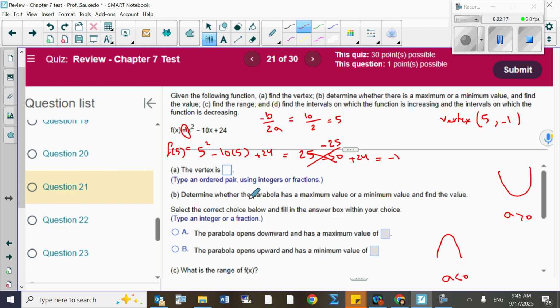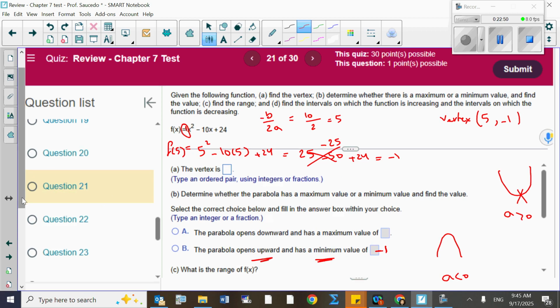So I know this is upward. And if my parabola is upward, the vertex, which is at this point, will be the minimum point. So we have a minimum point because the parabola is upward, and the value of minimum is the same as the vertex, so it's negative 1. The value of minimum is negative 1. You just need to take the y value of the vertex.